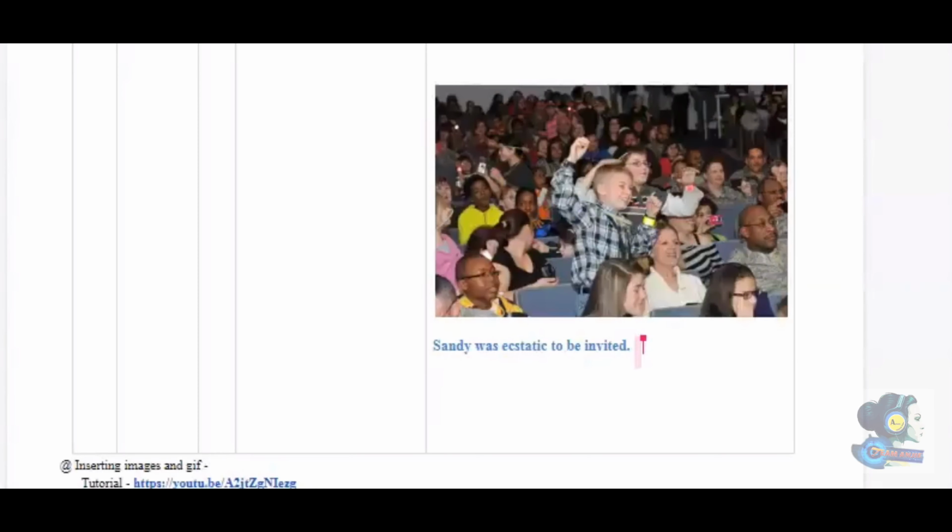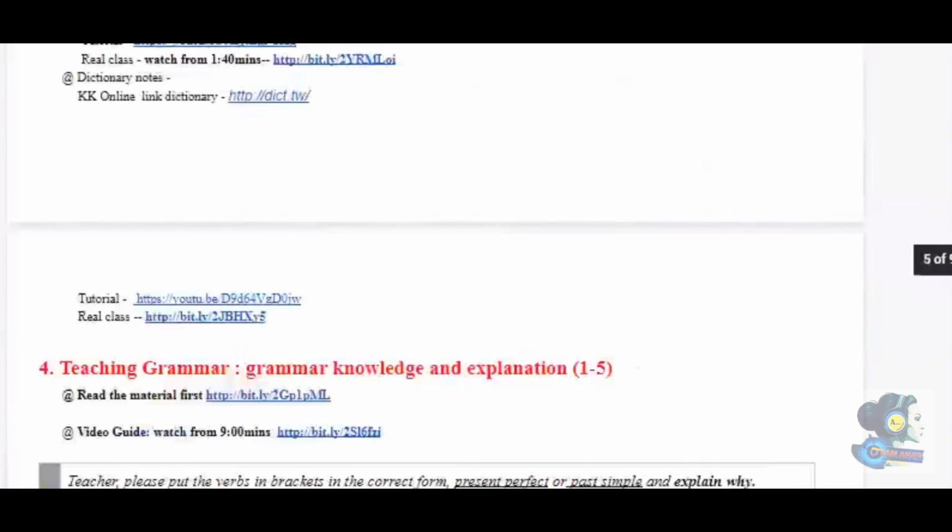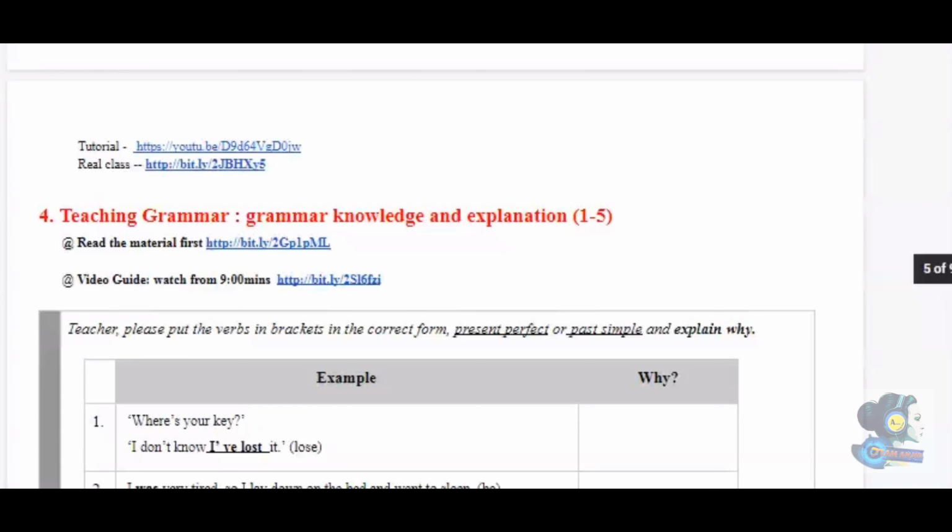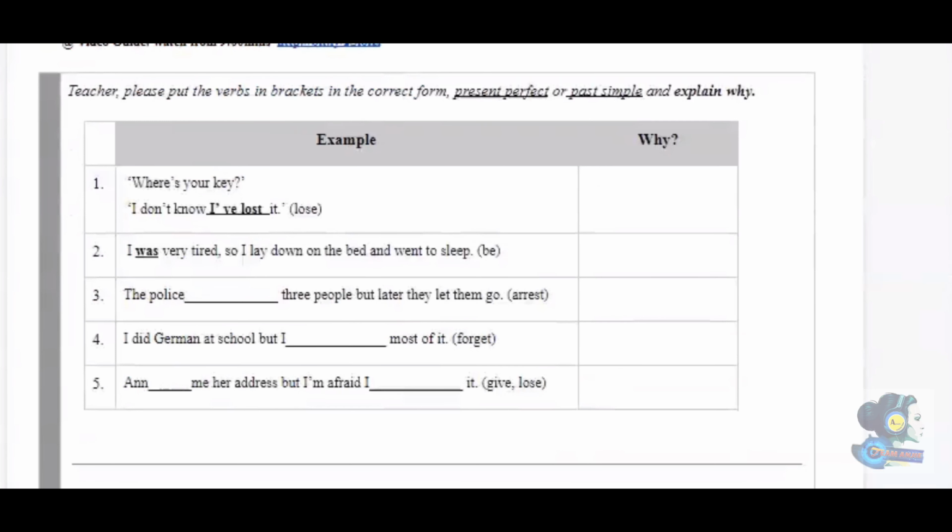Okay, so let's have the grammar part of our lesson. Now, we will form the verbs into their correct form. We have two options, the present perfect and the past simple, but we need to find out which is the correct one.